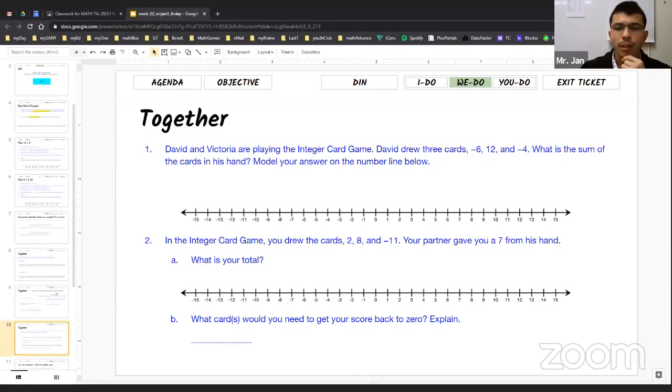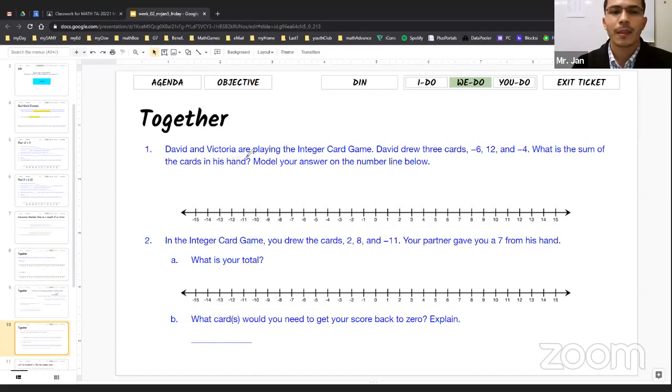Okay, I need a volunteer this time. So we have a word problem, and I want you to help me out on this one. Who wants to be a volunteer? Juniel? Okay, read it first.